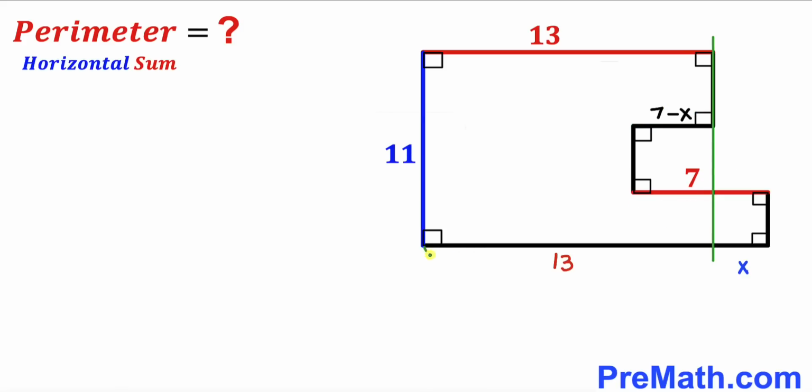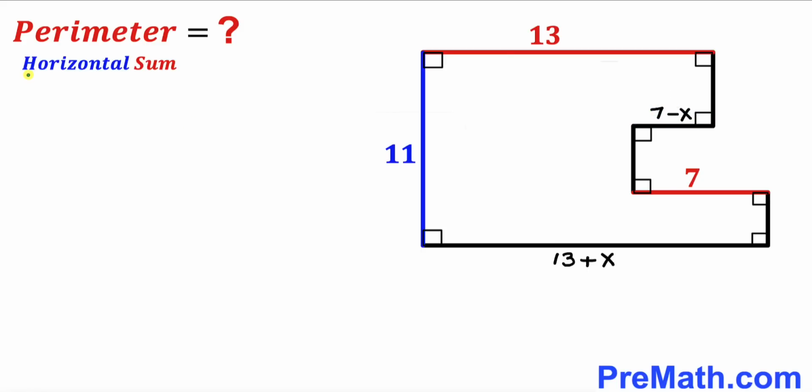Thus we can see that this whole length turns out to be 13 plus x. This segment length is obviously 7, and this segment length is 7 minus x.